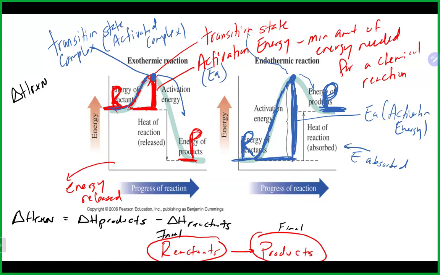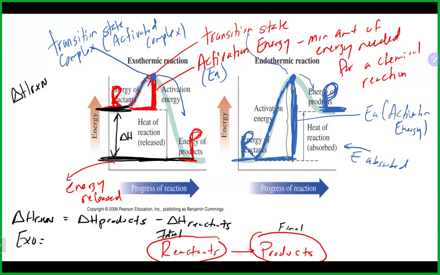So we're taking our initial and our final states and determining what's going to happen. If we look at this for our exothermic reaction, our reactants are up here, our products are over here in terms of energy. If we take the difference between the energy of those two, that will give us our change in enthalpy.